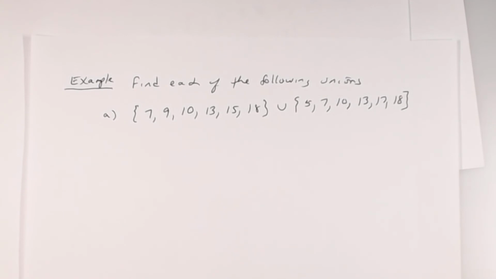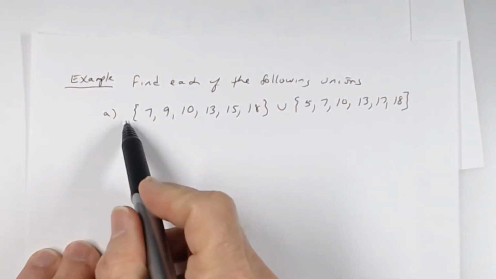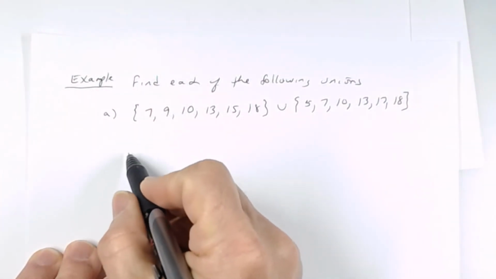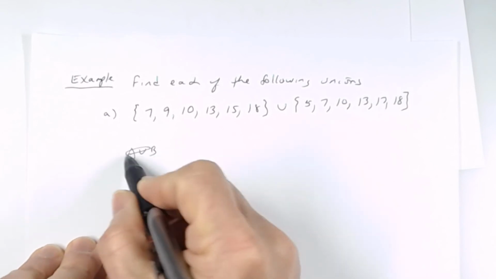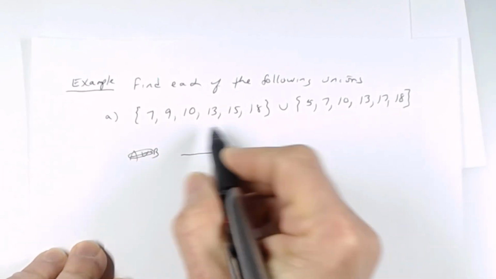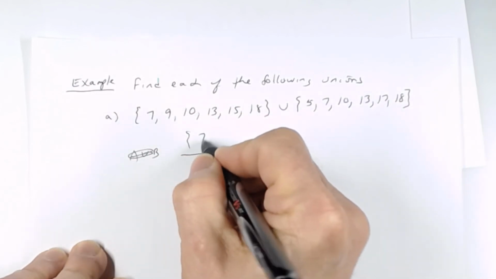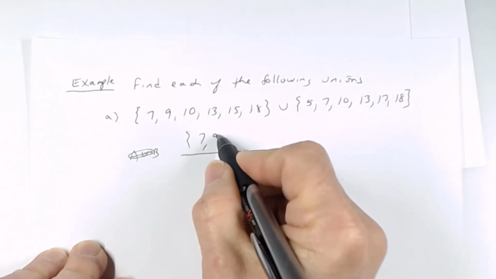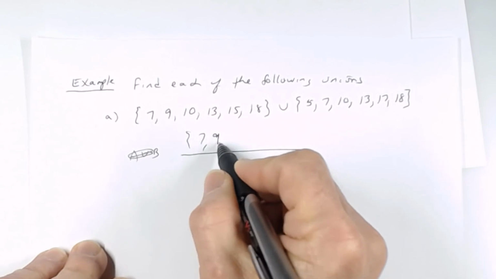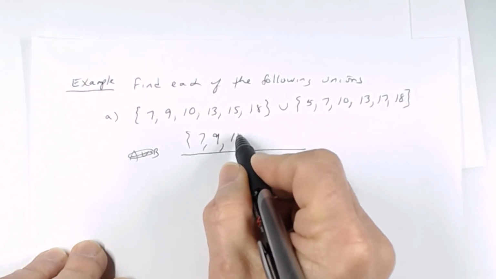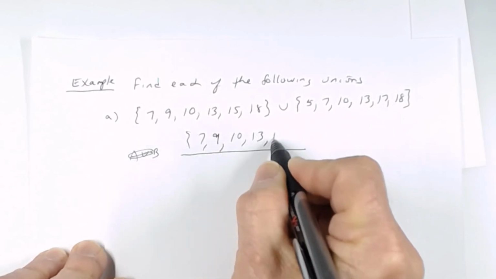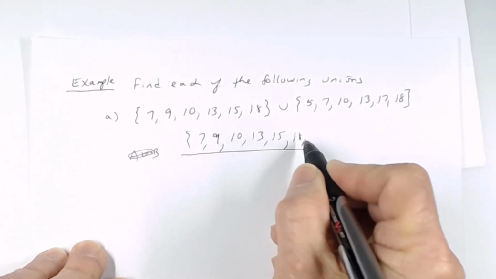It doesn't have to be in order, but what I would do is just put them in the order I see it. So I need a 7, what else do I need? Well, 9, right? What else? 10, what else? 13, what else? 18. Now let's do the B.